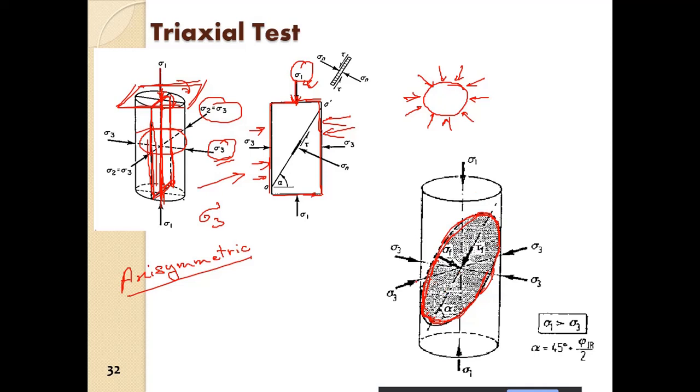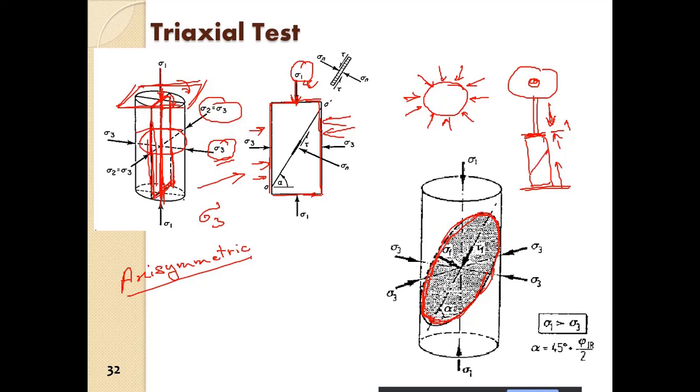When we do the test, we actually observe that, as I told yesterday, we measure the reaction from the sample. The sample is moved up, placed against a rigid plate, and the reaction from the sample is measured using the proving ring. As this goes up, the proving ring compresses and we measure the reaction.